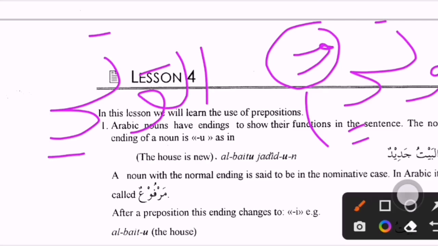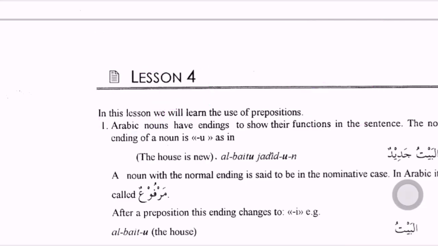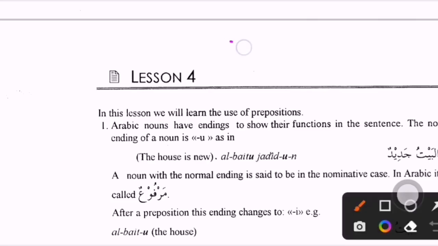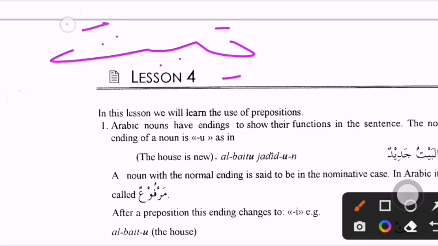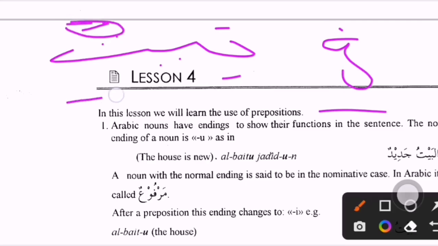So when a preposition comes before a noun, if the noun was taking dhamma, the dhamma will be changed to kasra, and if it was taking dhammatan, it will be changed to kasratan. For example, this is baytun. Basically it takes dhammatan. If we have a preposition like fi before it, the dhammatan changes to kasratan.